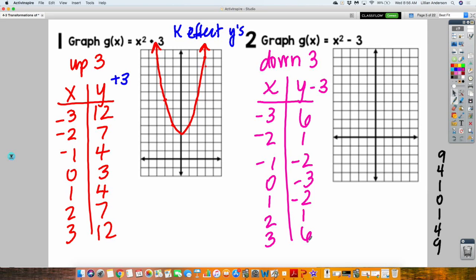Let's get them on there. And as you can see in your graph, once you connect all those points, the graph has moved down. The original graph of y equals x squared has moved down 3 units.